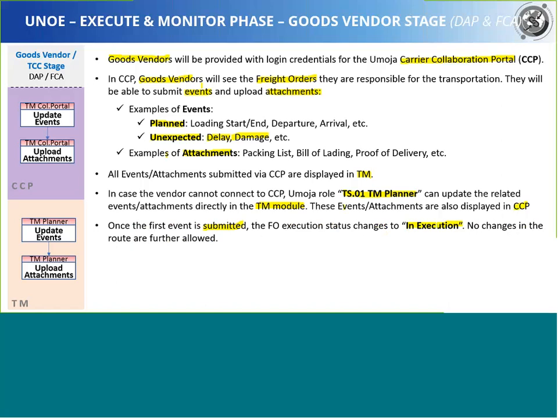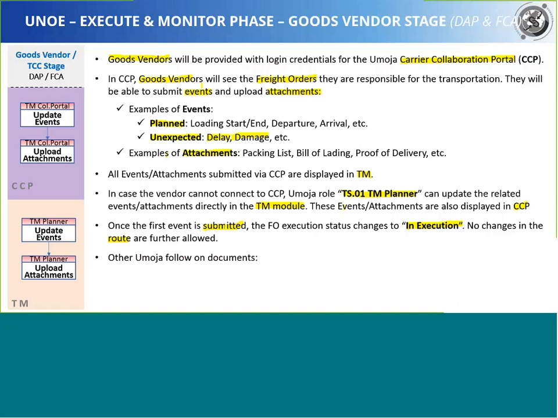Once the first event is submitted, the status changes to in execution, and at that stage, no further changes are allowed in the route. Okay, so the execution of that freight order has already started, and no more changes will be allowed on that freight order because there was already an event for that particular freight order.